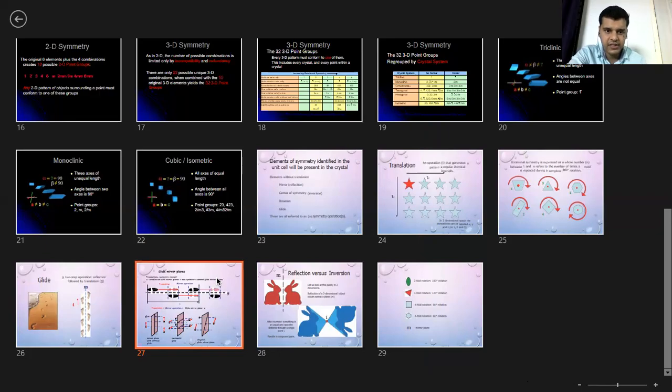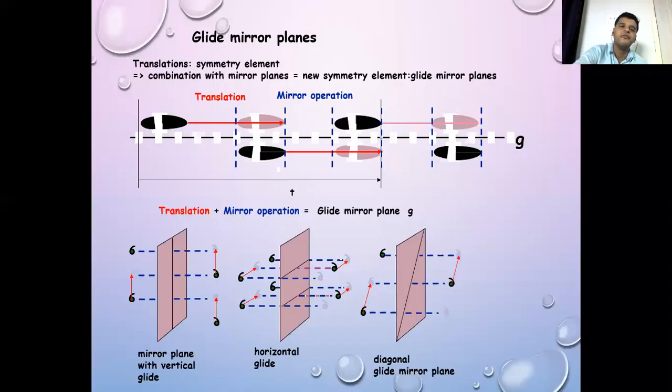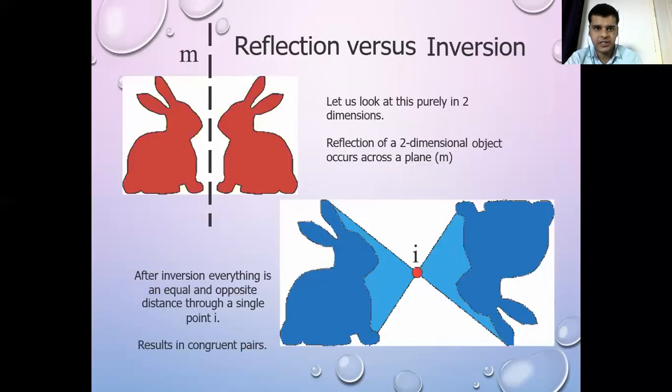But glide is a combination of translation and reflection. So this is the main operation in the symmetry elements: reflection, translation, rotoreflection and glide. This is the main operation in glide.